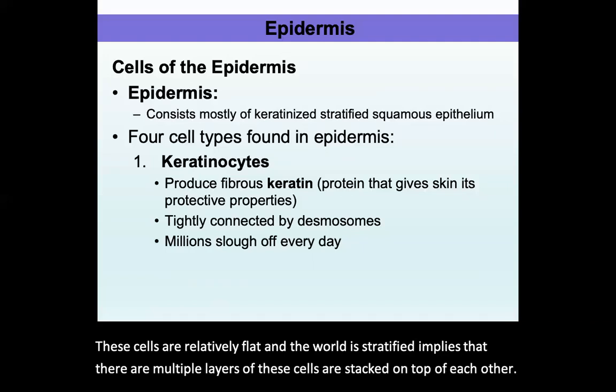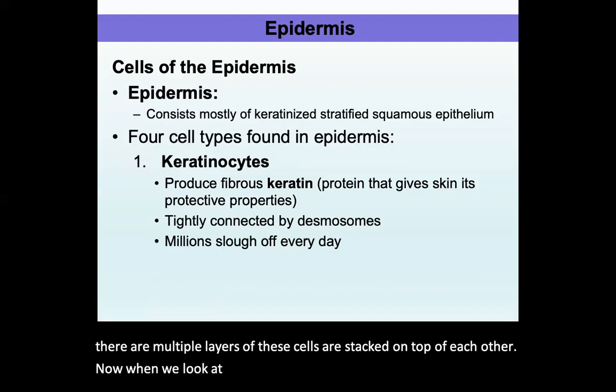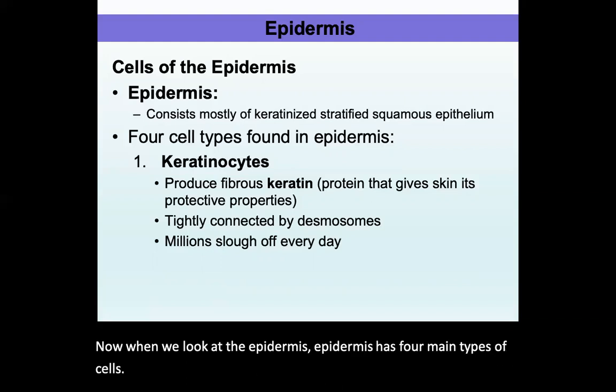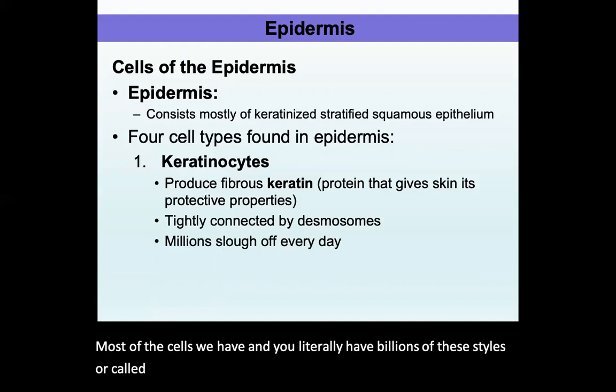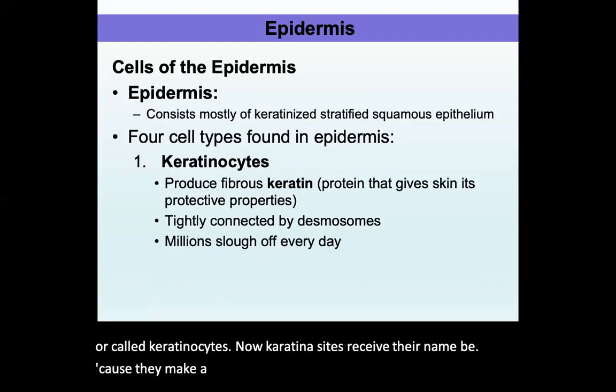Now, when we look at the epidermis, the epidermis has four main types of cells. Most of the cells we have, and you literally have billions of these cells, are called keratinocytes. Now, keratinocytes receive their name because they make a protein called keratin.